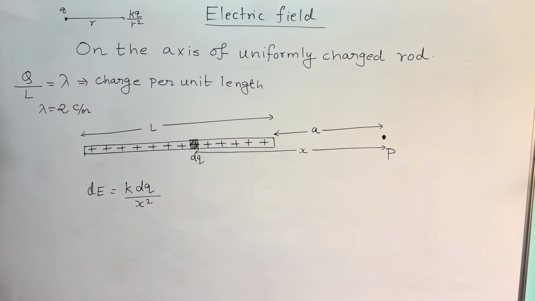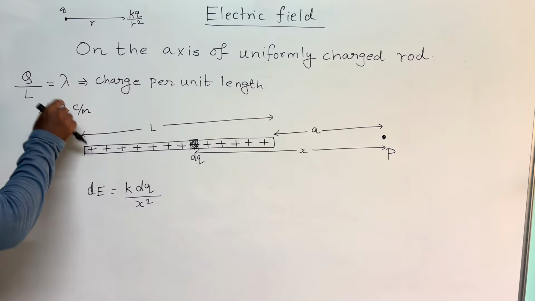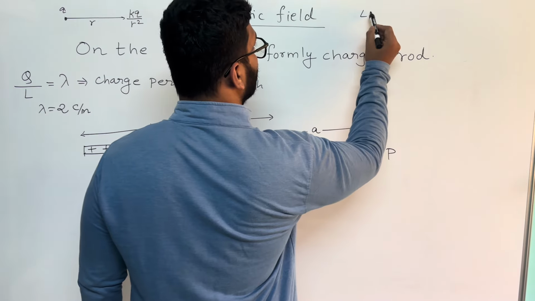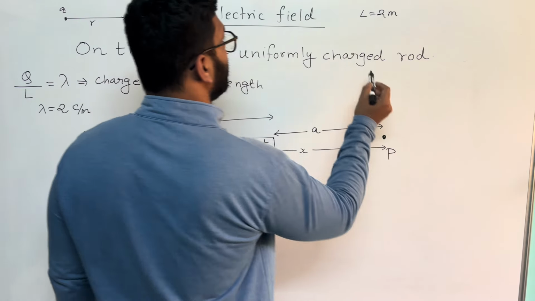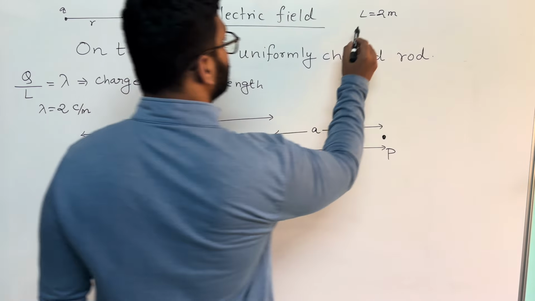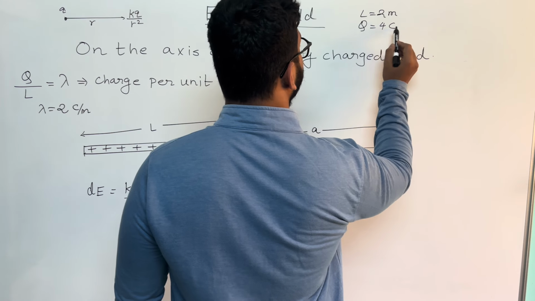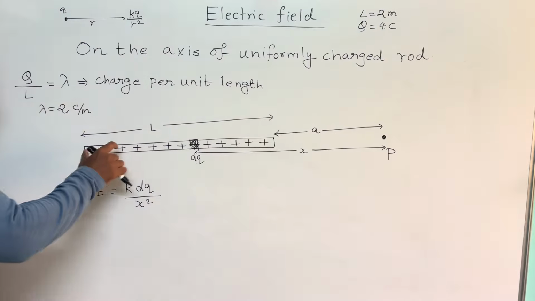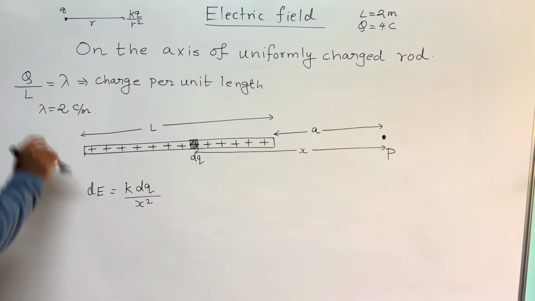Suppose I take a 2 meter long rod, then the charge will be 4 coulomb, because 4 by 2 is 2 coulomb per meter. If the length of the rod is 2 meter, then to have lambda as 2 coulomb per meter, your charge Q should be 4 coulomb. Then and only then the ratio will be 2. So the charge will increase in proportion to the increase of the length.